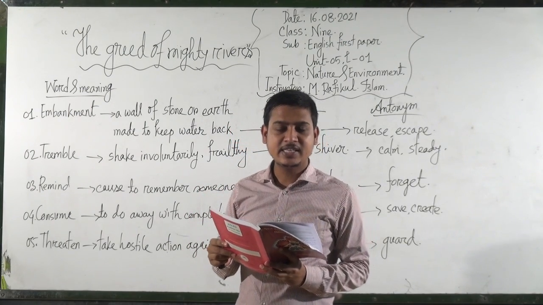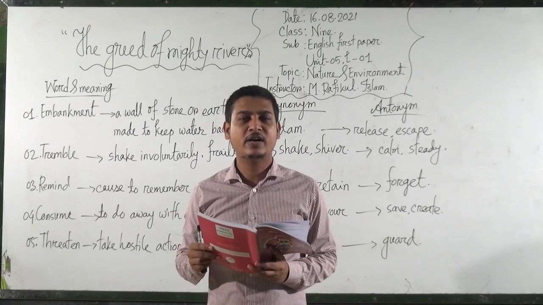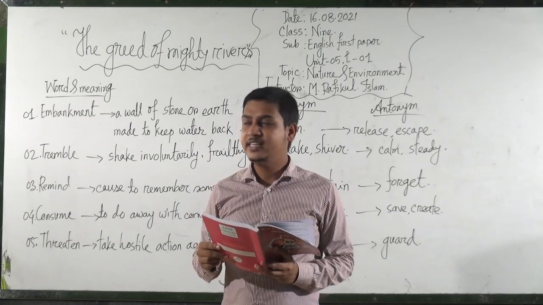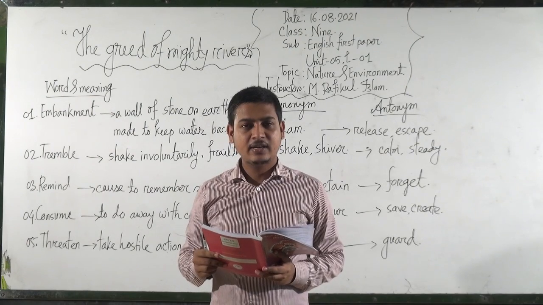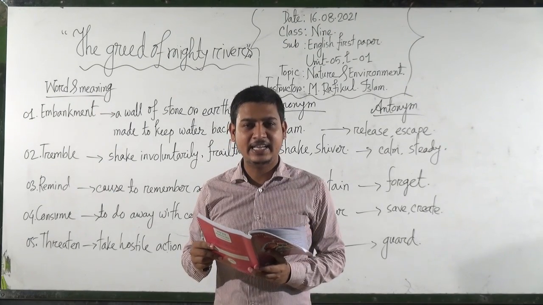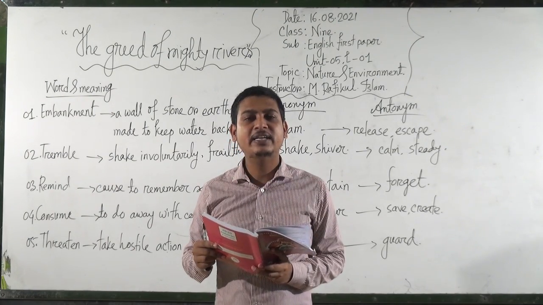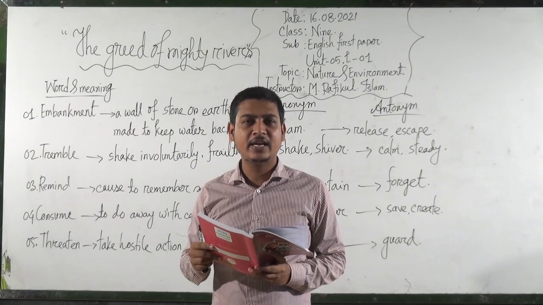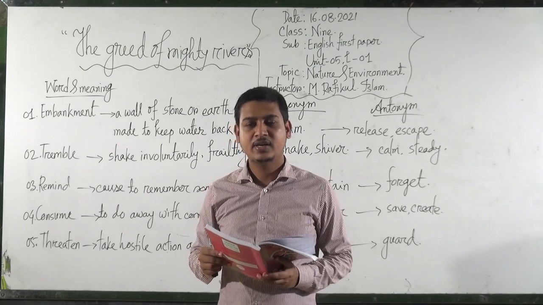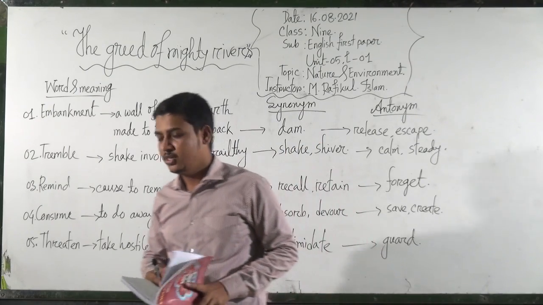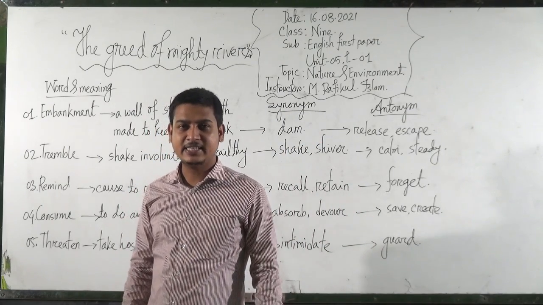Okay, I have written some important words on the whiteboard. So, dear learners, first of all, at the beginning of my lecture, I will describe the important or vital vocabulary. Be attentive in my lecture.